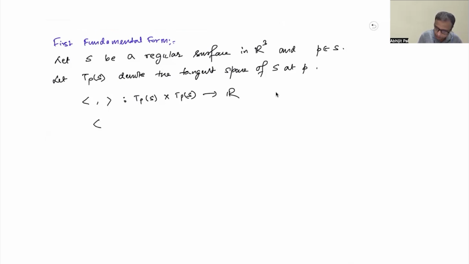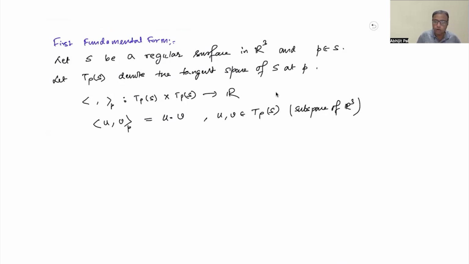The inner product of U, B is nothing but the dot product of U and B, where U and B belong to the tangent space of S, and this tangent space of S is a subspace of R3.